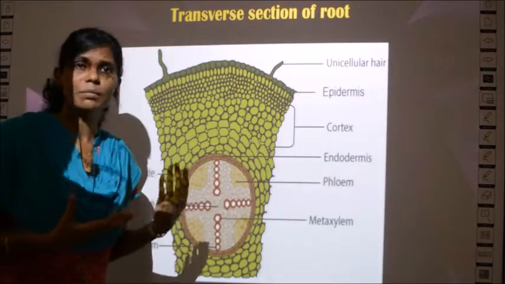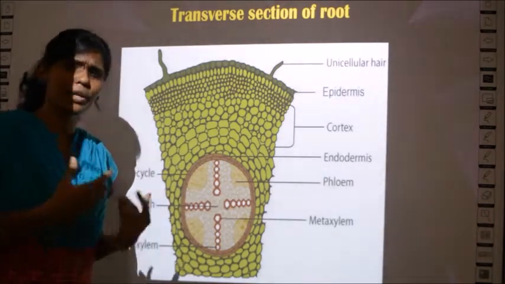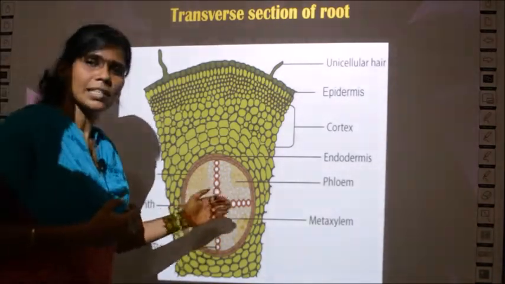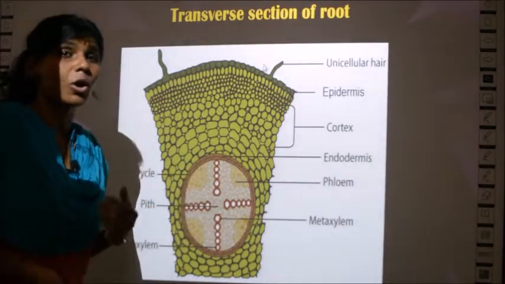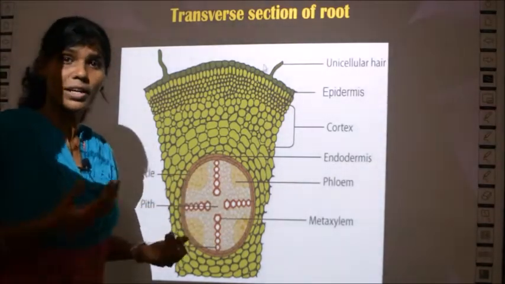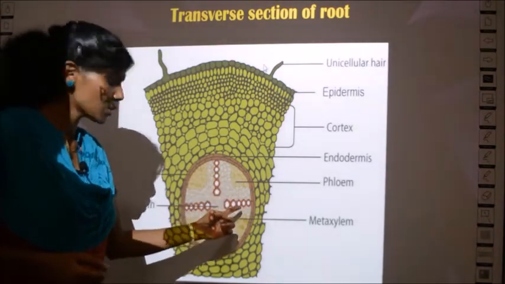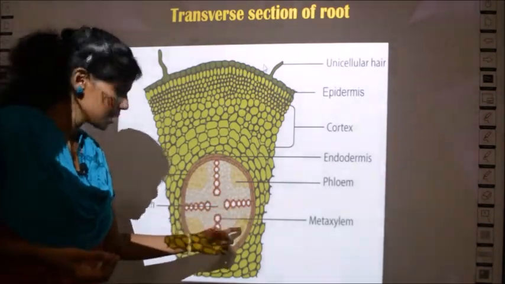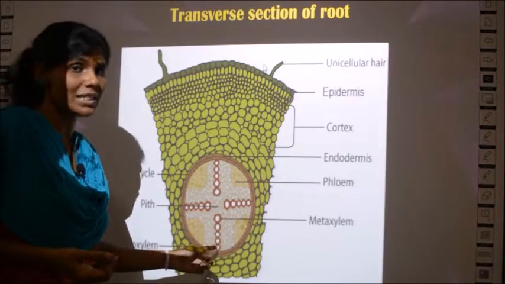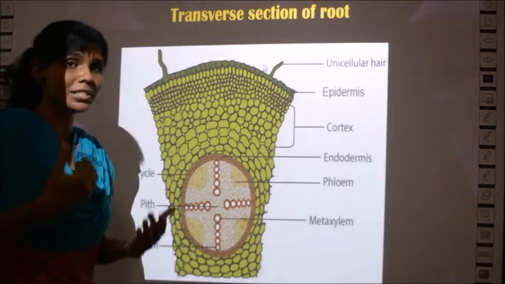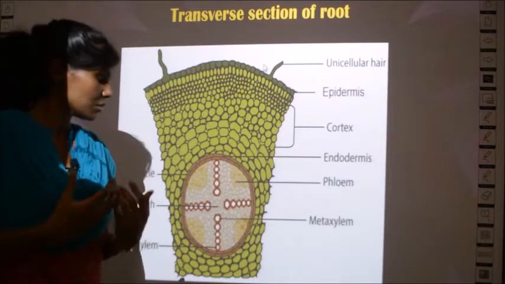How can you describe the arrangement of xylem and phloem? You can see them as alternately arranged. What does that mean? If there is one phloem, again there is one xylem. Again you see one phloem and again one xylem. So it is called alternately arranged.